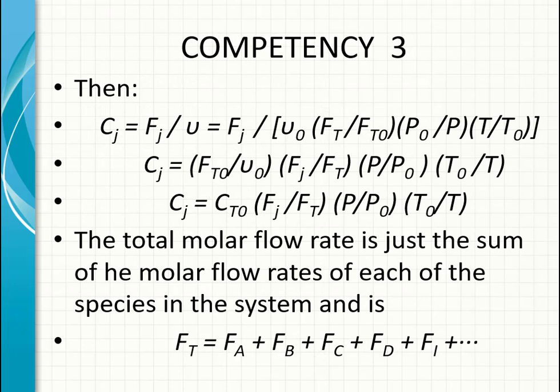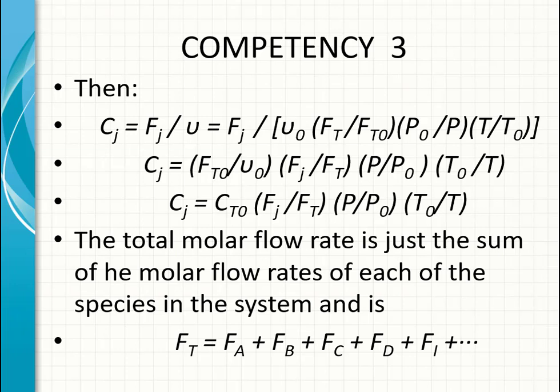Then the concentration of J, which is Fj divided by v, where v is equal to v0 times Ft over Ft0 times P0 divided by P times T over T0.